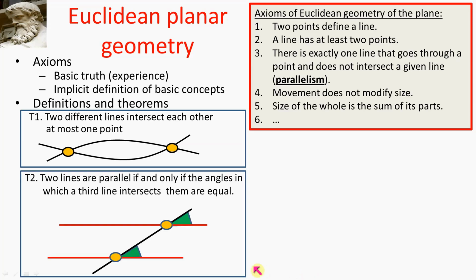Our second theorem is the following. If we have two lines drawn in red color in this image and a third line that intersects both lines, then these two original lines are parallel, which means non-intersecting, if and only if these two green angles are equal. The proof is the following. Let us examine whether we can have an intersection of these two lines in this direction.